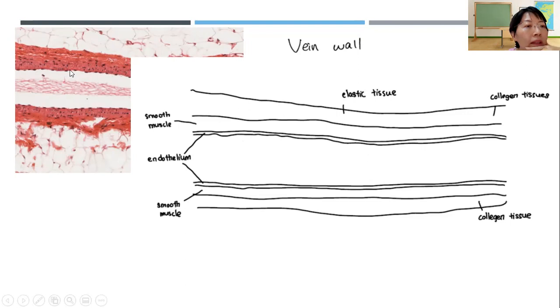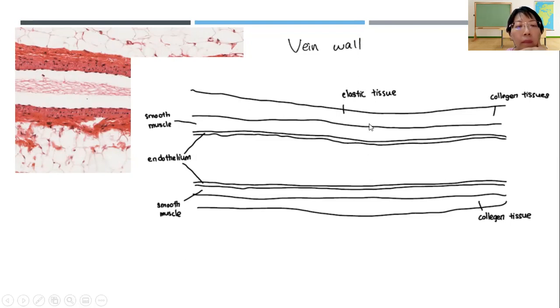Because this darker pink is stretched throughout the entire endothelium, probably you can draw 2 lines to represent the thickness of the endothelium for this particular slide only. Then smooth muscle, then connective tissue. That means the student is taking this as the smooth muscle, and from here onward, which is wavy, is connective tissue. That is okay, because the student is using the texture and color to distinguish different tissue layers. I think this is quite okay.